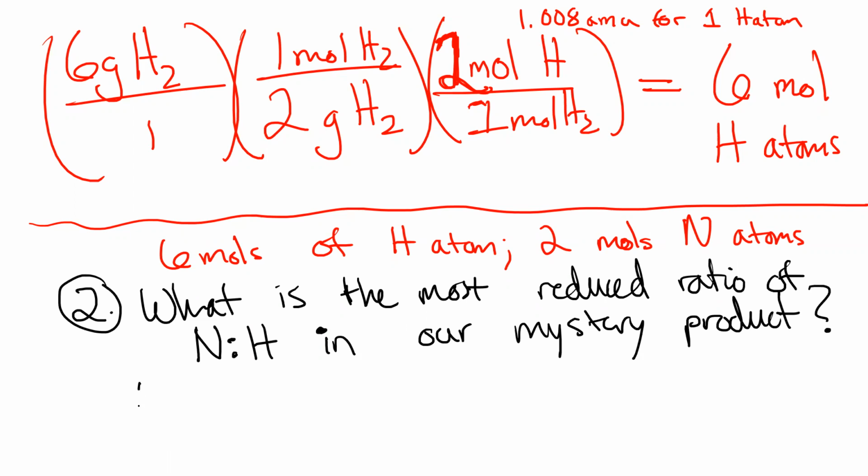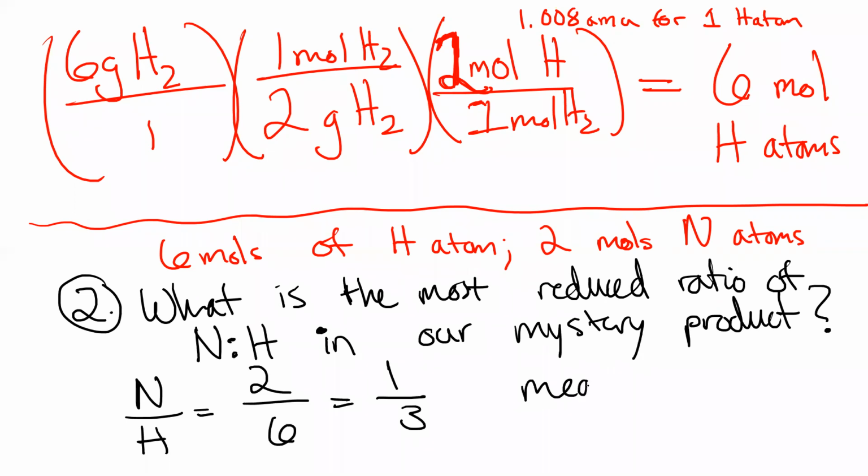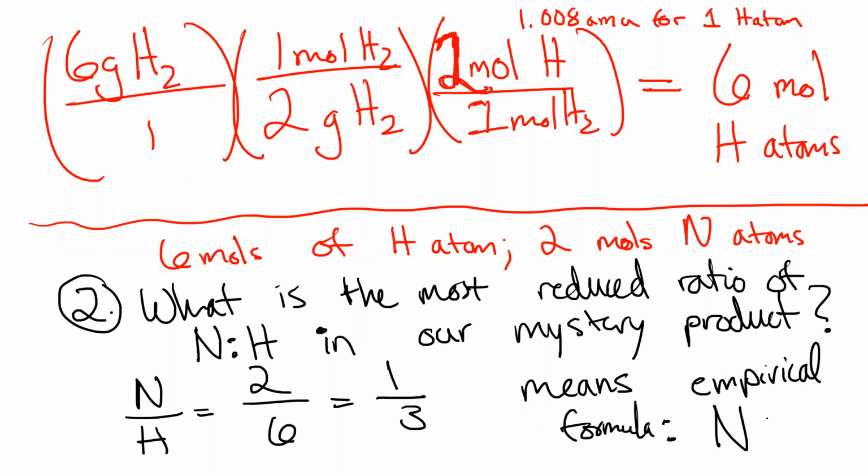You go nitrogen to hydrogen is equal to 2 over 6, which is a ratio of 1 to 3, which means your empirical formula is nitrogen 1, hydrogen 3. Exactly. And that's how you find the empirical formula.